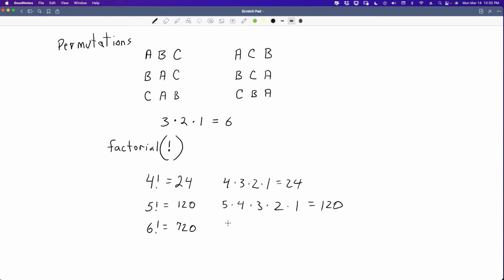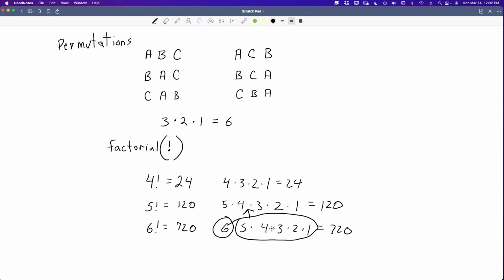And in the 6 factorial, it's 6 times 5 times 4 times 3 times 2 times 1 is equal to 720. So all you have to do is take this next factorial and multiply it times the one you've already solved, which would be this one. So 6 times 120 is 720. So 6 factorial is 720, right?